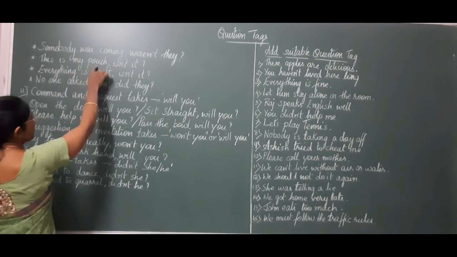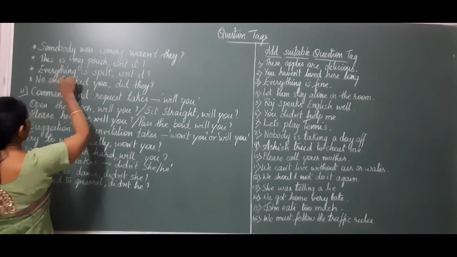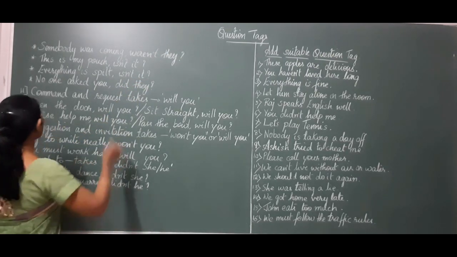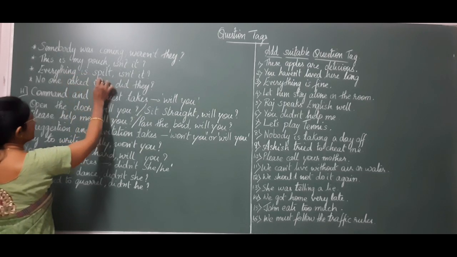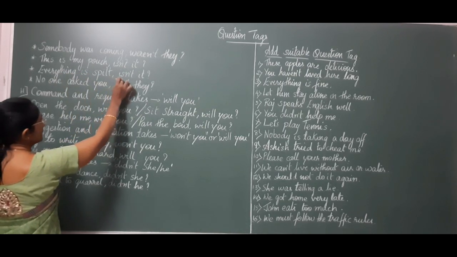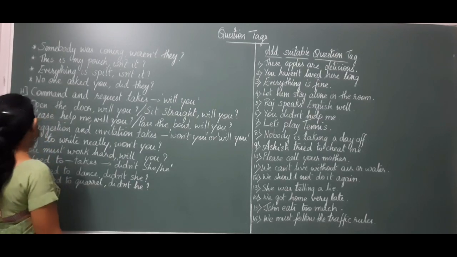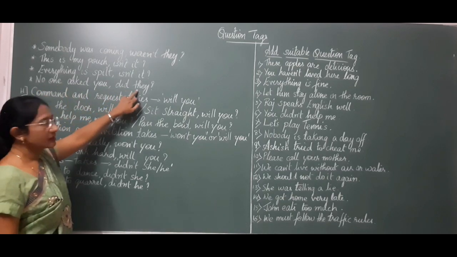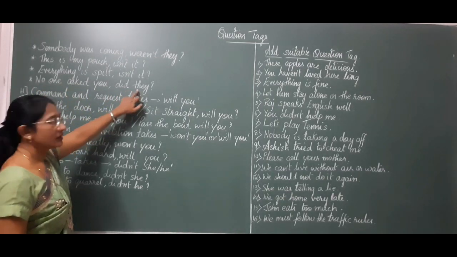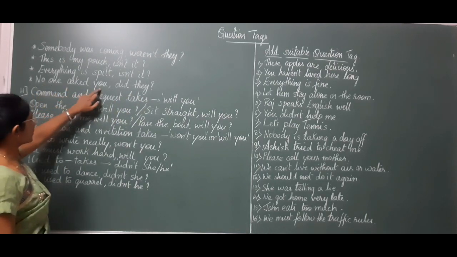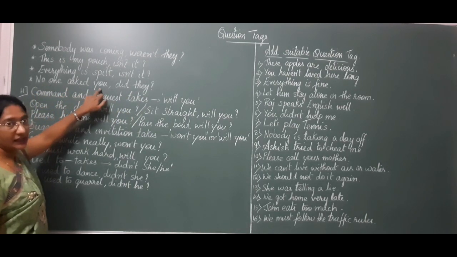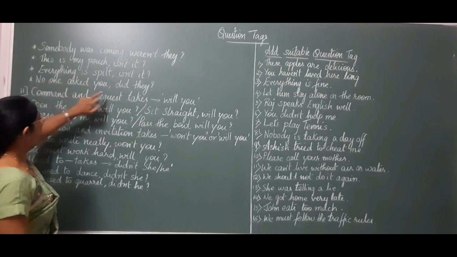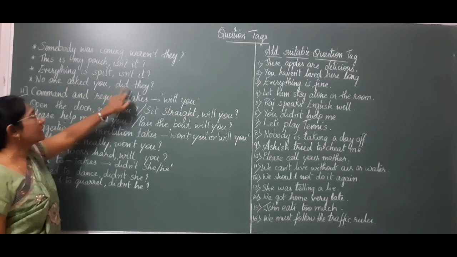This is my pouch, isn't it? Everything in the subject place takes it in the tag. Everything is spilt is a positive sentence, so it takes a negative tag. When you find no one in the subject place, it is taken as they in the tag. No one asked you, did they? Because you find no in the sentence, you give a positive tag.